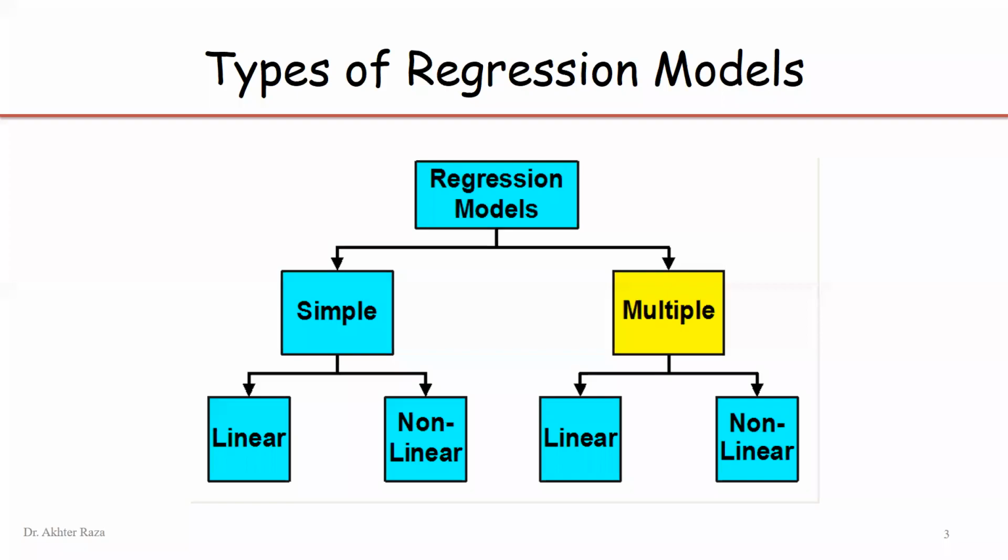In this video, we are going to record a complete case of multiple regression in SPSS. We are going to predict the participants' stress level with the help of two predictors.